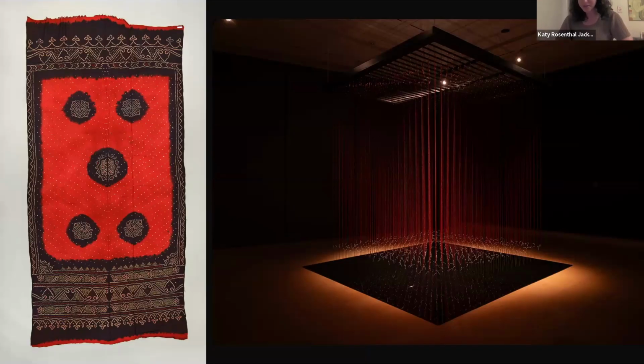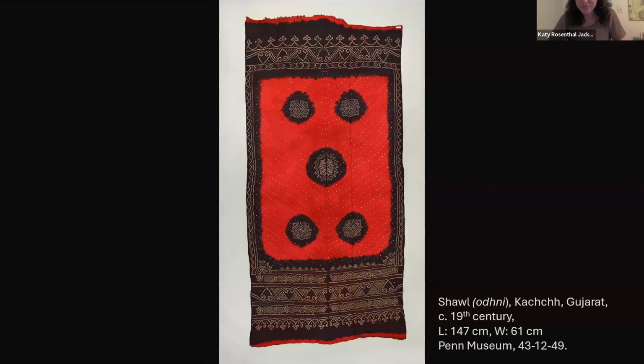So with that in mind, I will briefly explain more about how this odhni, which was likely dyed with natural dyes, was made. So this odhni with the 5 medallion design, the red and black palette, and the wide borders identify it as a kind of odhni that can also be called a Chandra Kani, with Chandra meaning moon.